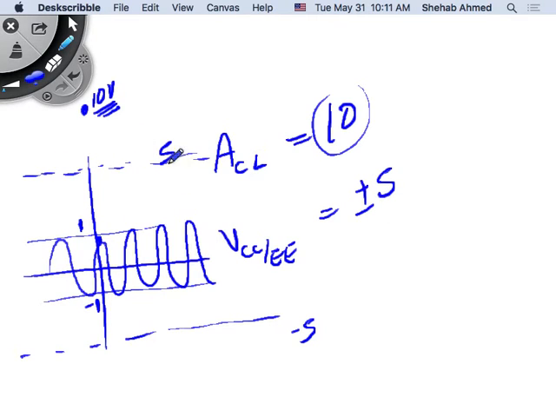Can you produce a signal greater than your supply voltage? You cannot. It will be clipped, right? So this is a distortion of the signal.